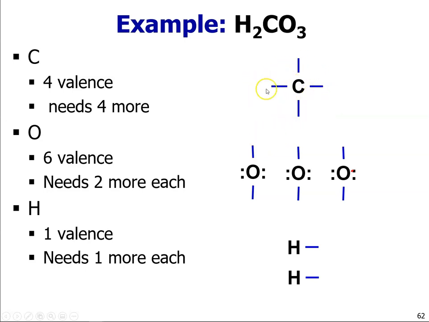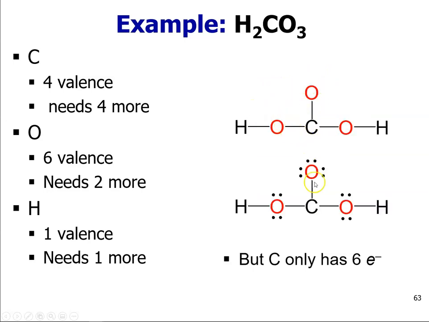So we would usually use this as our central atom and then build off of that. Here's an example of how we can put that carbon in the middle and then bond it to different things. But one of the problems that we have now is that carbon would only have 6 electrons in this state, and this wouldn't be something that we would want to do.